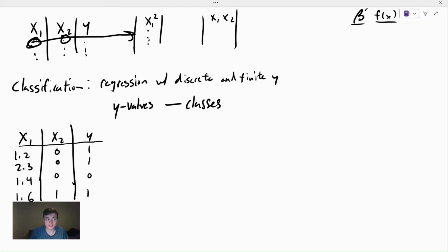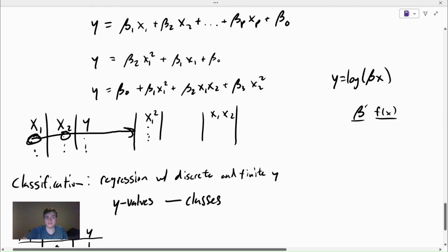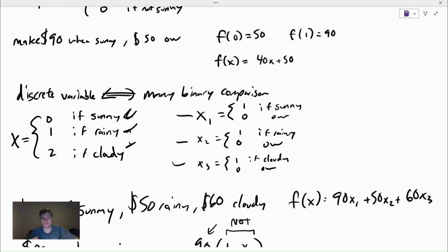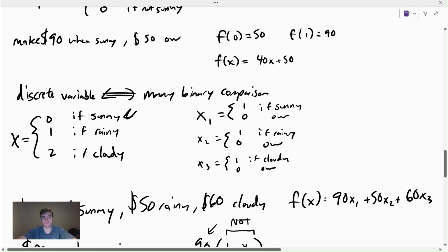We probably wouldn't want to do it with binary, because binary variables are often categorical. Like up here, we were saying each category has a different meaning. We don't want to plug that into linear regression. You do want to separate them out into 3 binary variables, then you can plug it into linear regression.